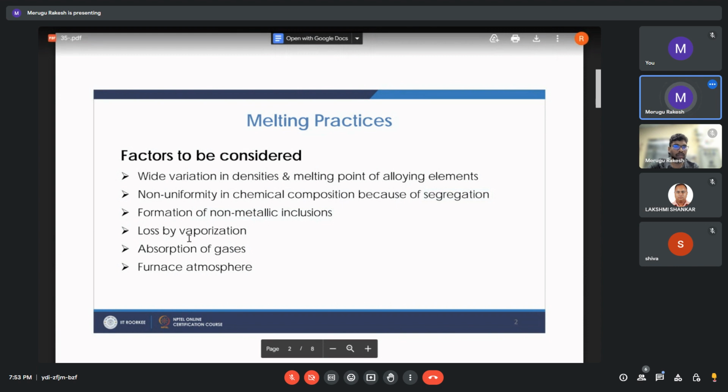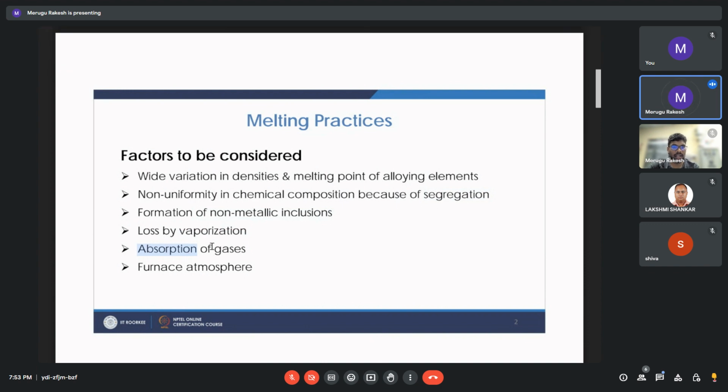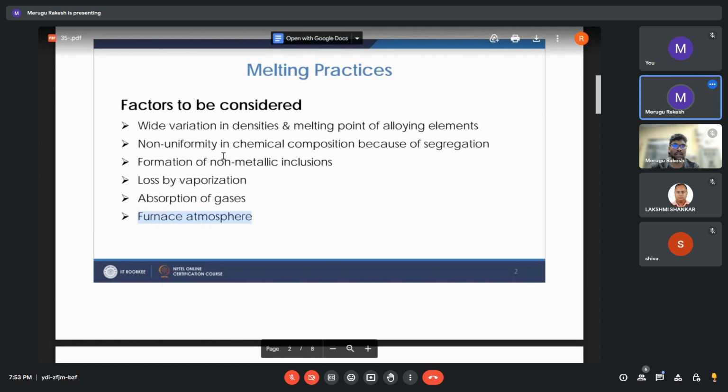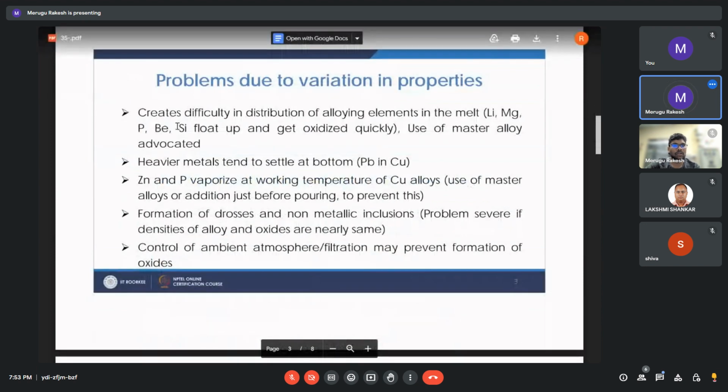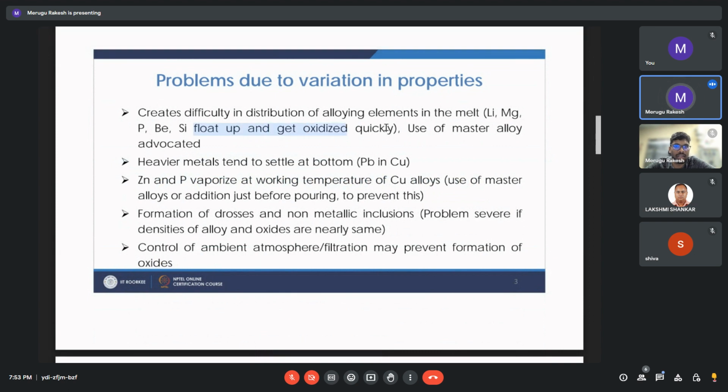Then loss by vaporization and absorption of gases is very important in aluminium because it readily oxidizes, given the temperature we use in the furnace. These are some of the factors to consider for non-ferrous alloys. For example, alloying elements like lithium, magnesium, phosphorus, beryllium and silicon all float up and get oxidized quickly.